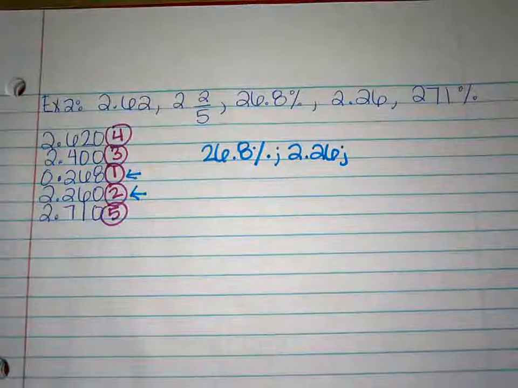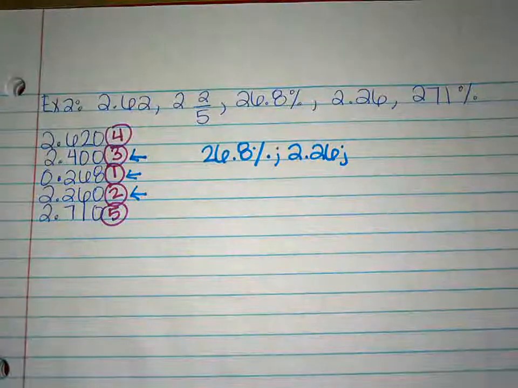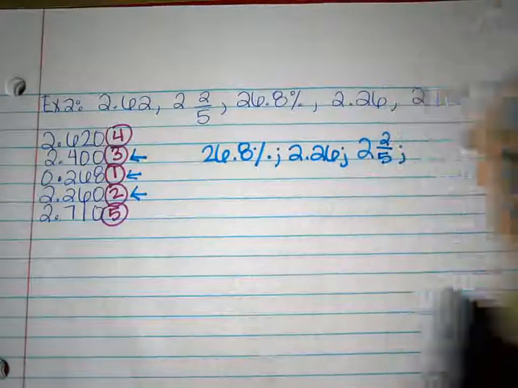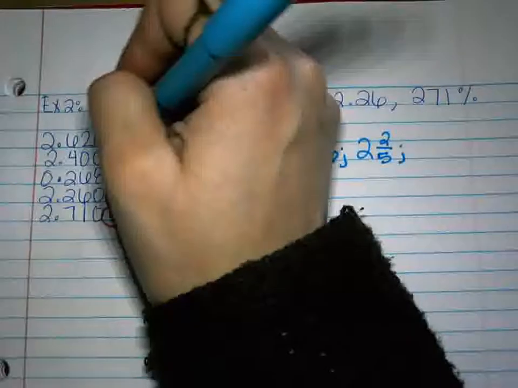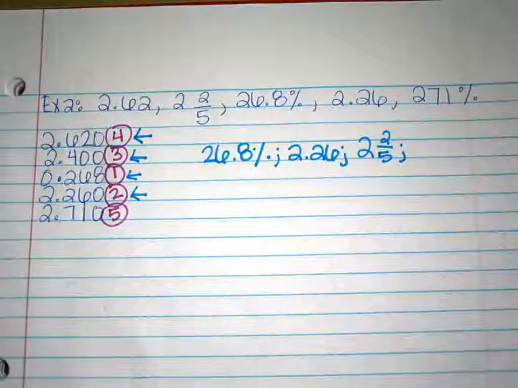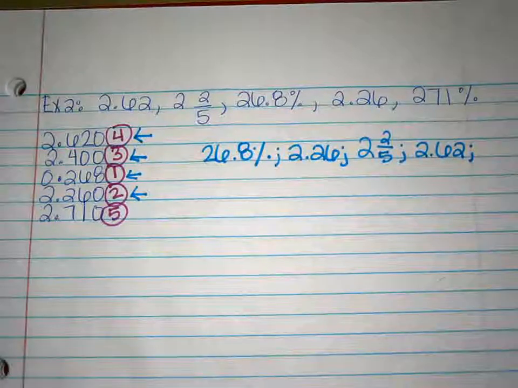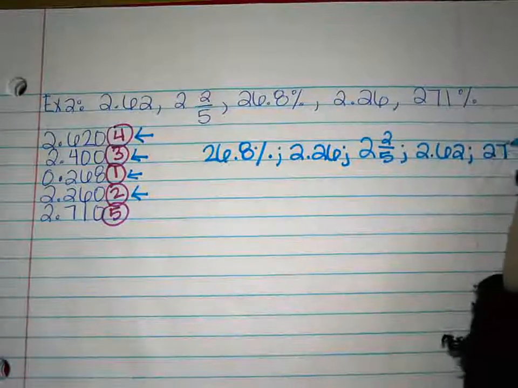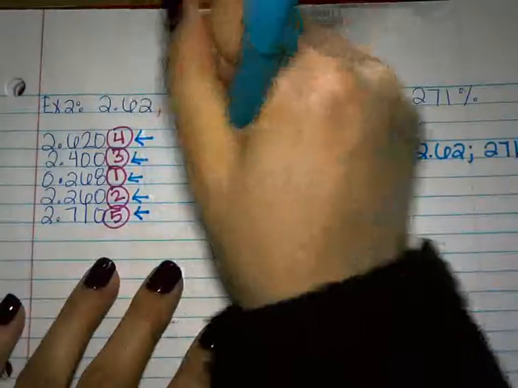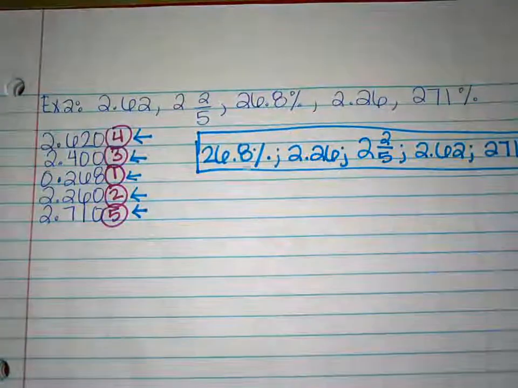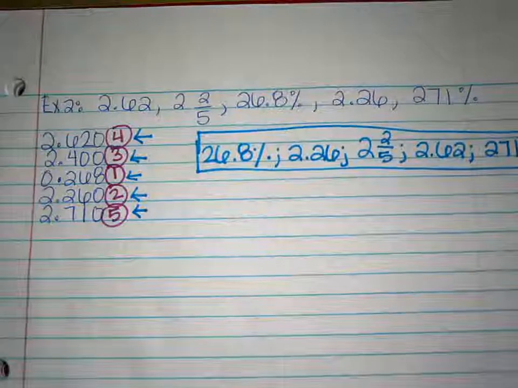I didn't even change it. 2.40. What was 2.40? 2 2/5. The 2.620? And then last but not least is 271%. So you have to put them back in the original form or they are automatically going to be wrong. Is that understood? Yes.